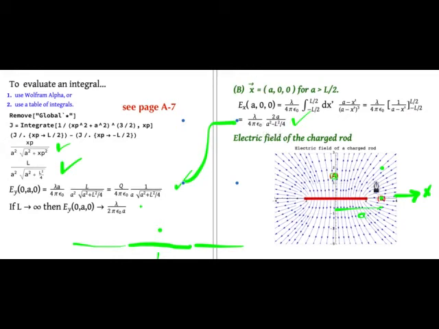So you see, if A is equal to L over 2, in other words, if you approach the end of the rod, then this will be singular. So there's a singularity.